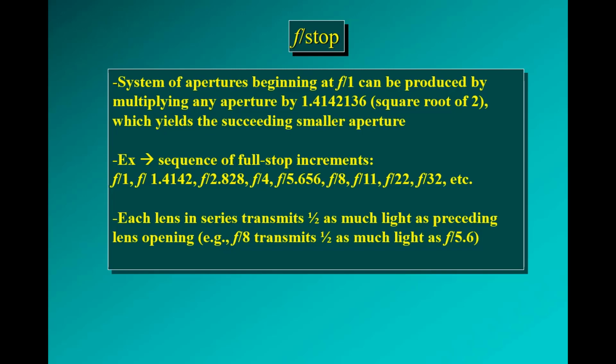So each lens in that series is transmitting half as much light as the preceding lens opening. So for example, an f8 lens is going to be transmitting half as much light as an f5.6. So we would stop down, quote unquote, that would be the term, from f11 to f16 in order to decrease the aperture lens opening and the amount of light that is reaching the film plane by half.